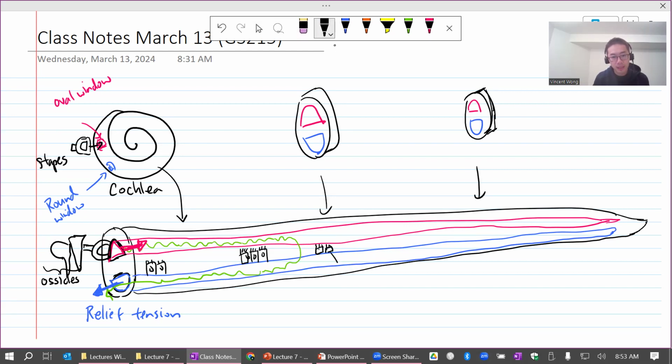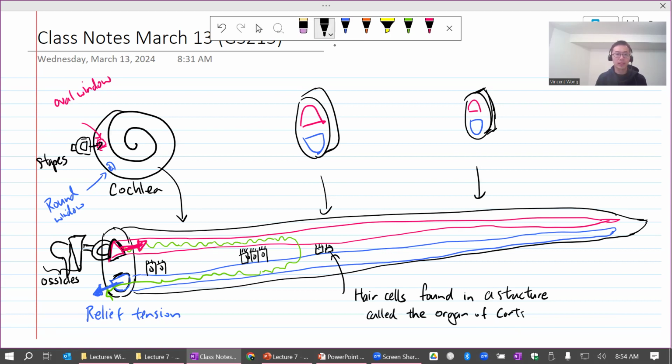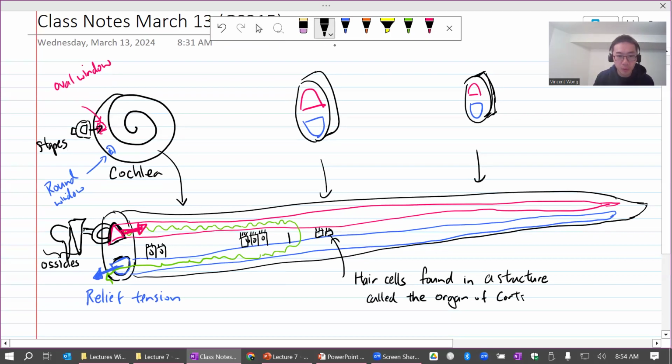Right, so these are hair cells found in a structure called the organ of Corti. Organ of Corti.